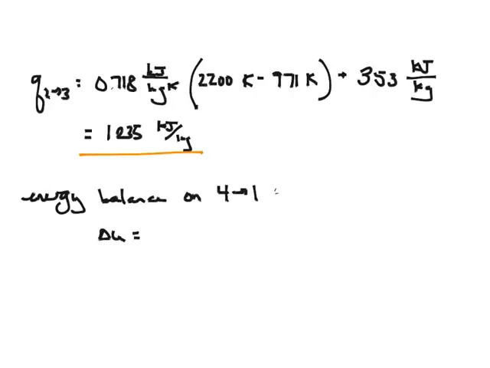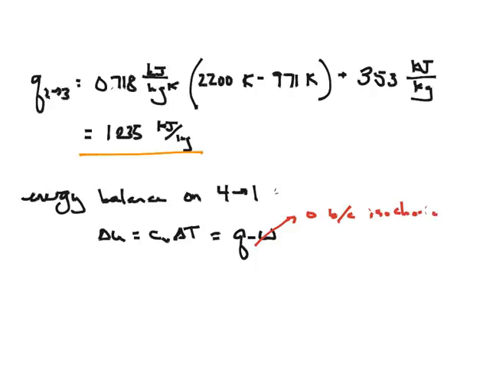Delta U is CV delta T, which equals Q minus W, same thing as before. Now this time we have an isochoric process, so the W goes away because dV is 0, there's no boundary work being done.